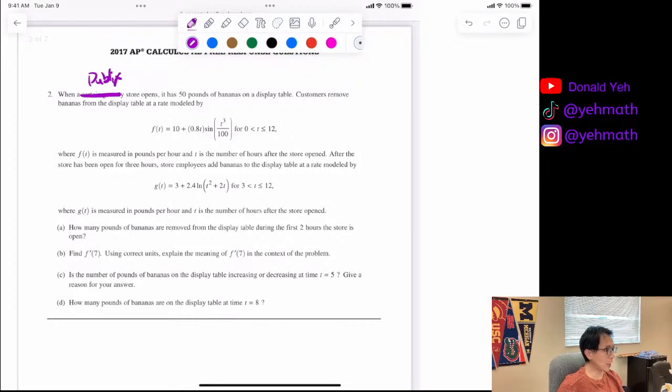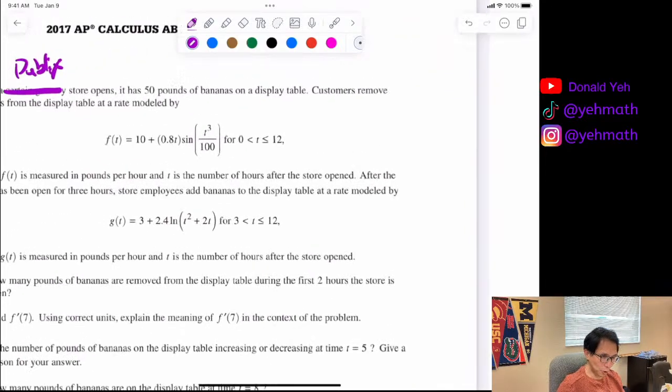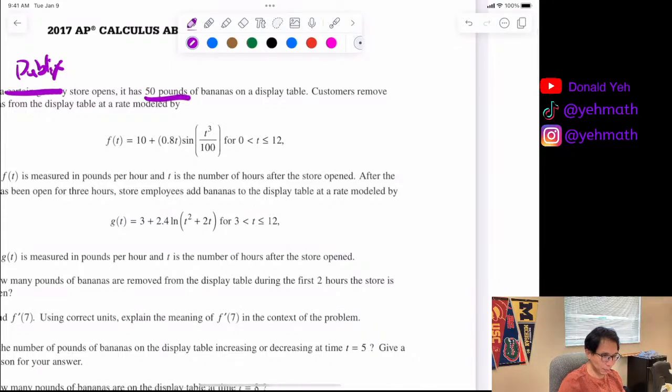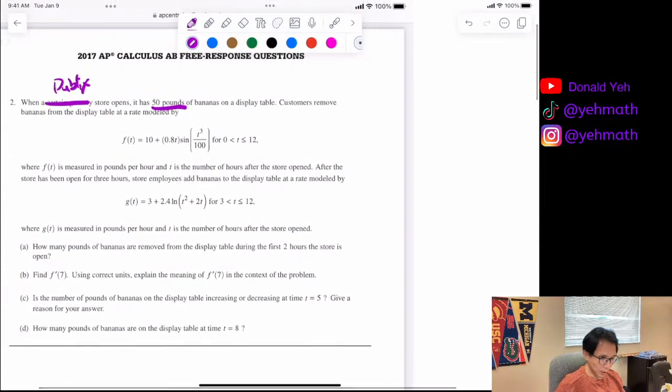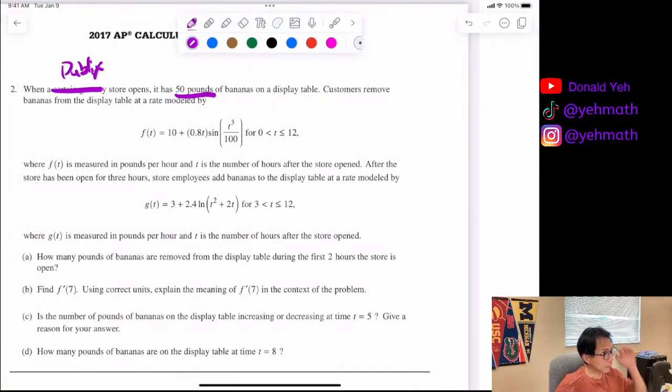Usually when you go to the store in the morning, it's already stocked. They stock all the vegetables the night before, between 9 and 10 o'clock, for the next day. So it should be stocked with 50 pounds of banana on the display table.